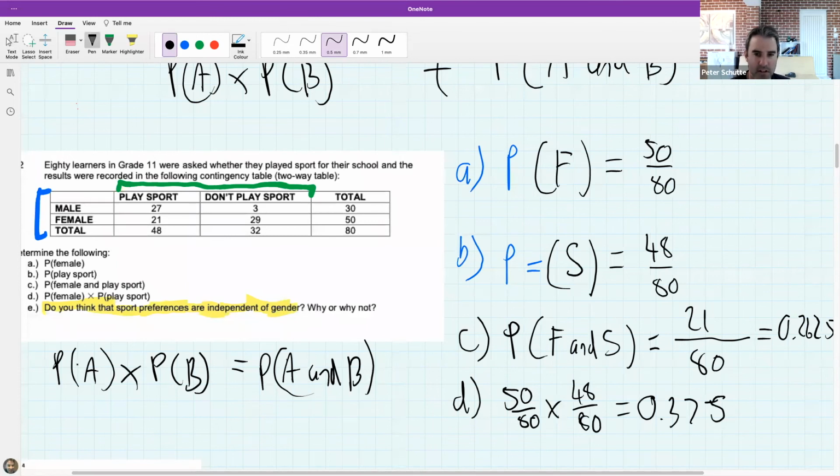So in this case, is the probability of F times the probability of S equal to the probability of F and S? Is that statement true? If it is true, then they're independent. If it's not true, they're not independent.